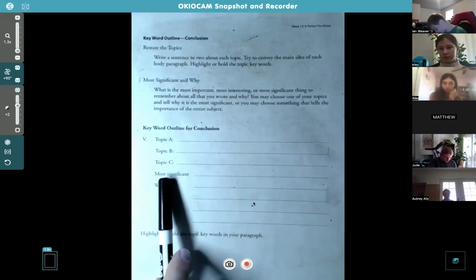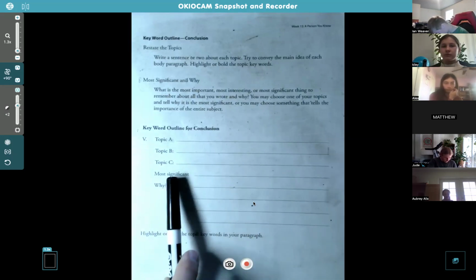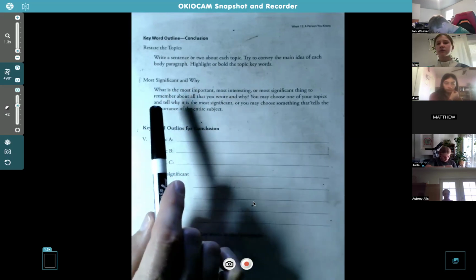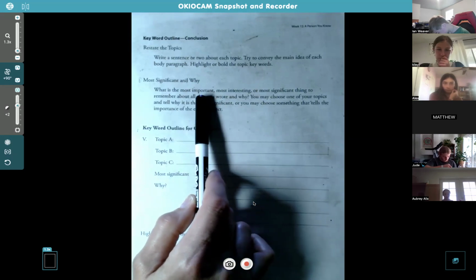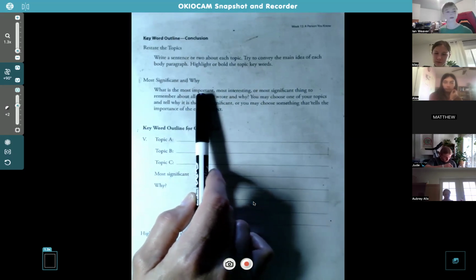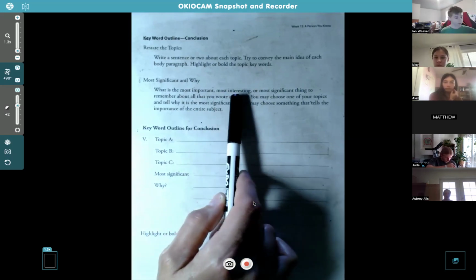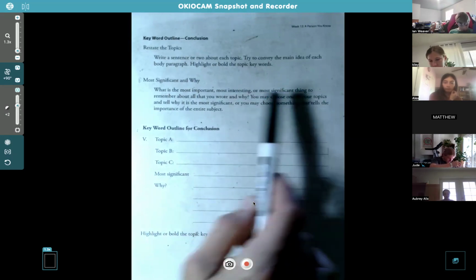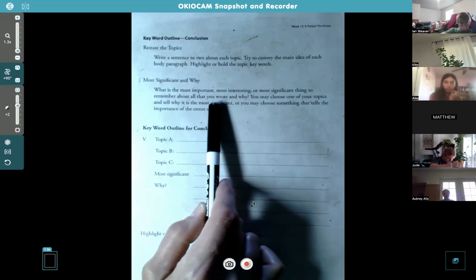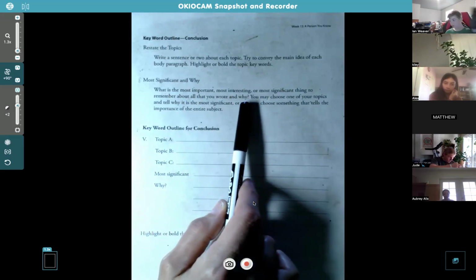We're going to jump down here to most significant now. And there's a little paragraph up here that explains how to do that. What is the most important, and be thinking about the person you wrote about, most interesting or most significant thing to remember about all that you've written about and why?